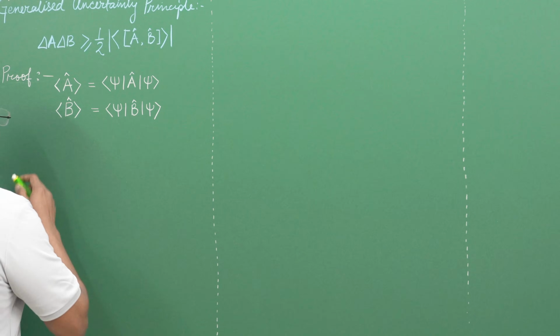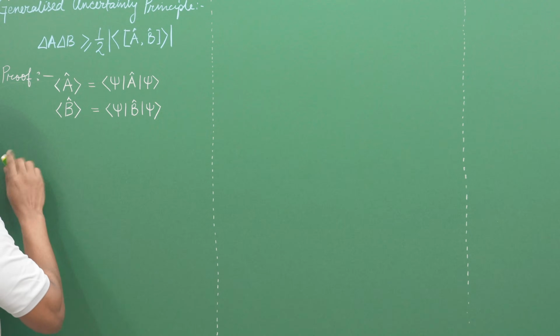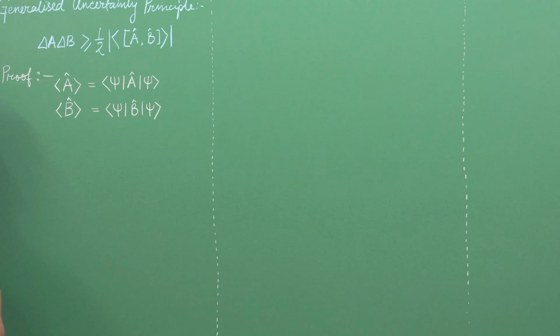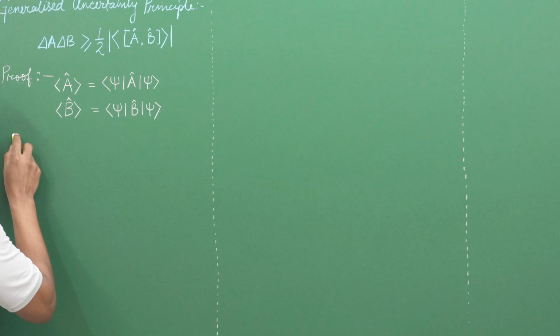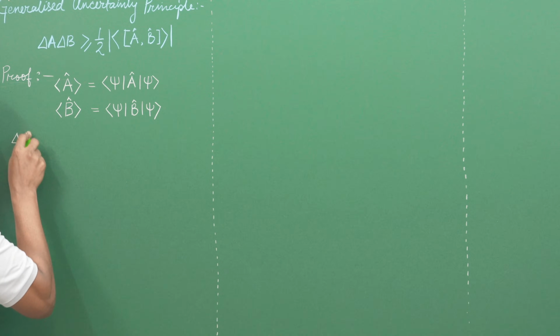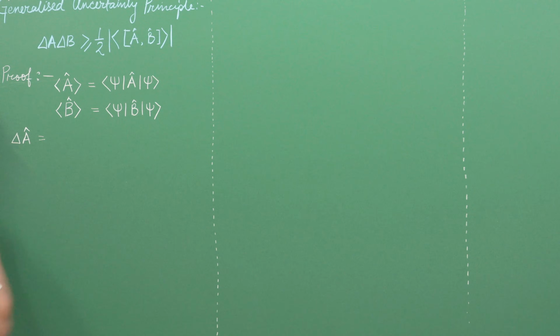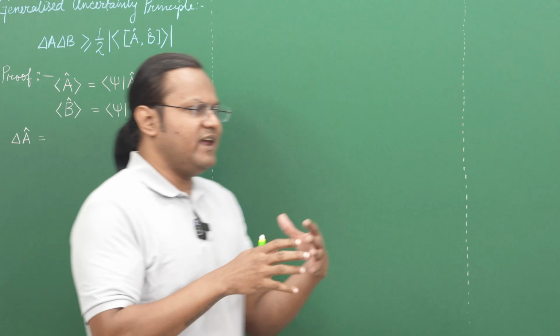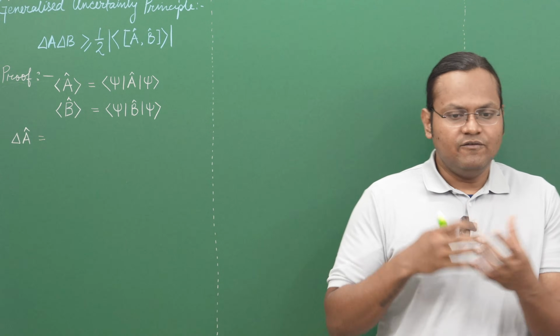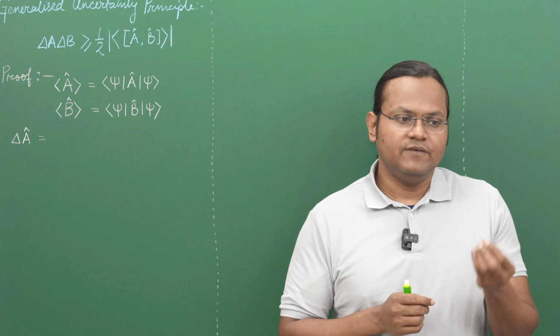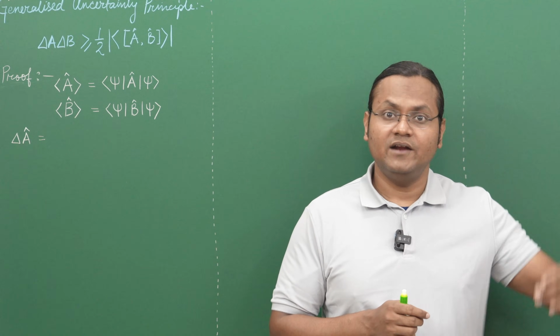Now, if we define uncertainties associated with these physical quantities, first I'm going to define what is called the uncertainty operator corresponding to A. So the uncertainty operator corresponding to A is defined in a similar manner that we define error associated with a physical quantity in a data distribution.